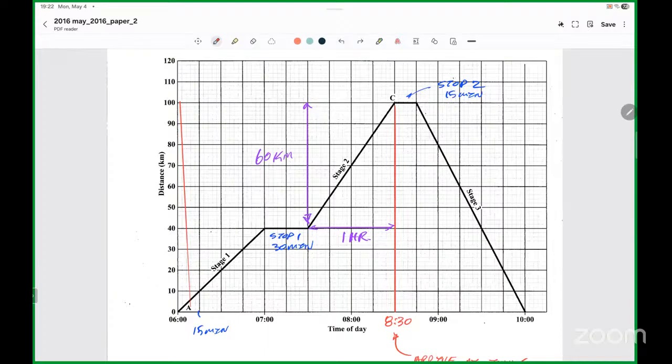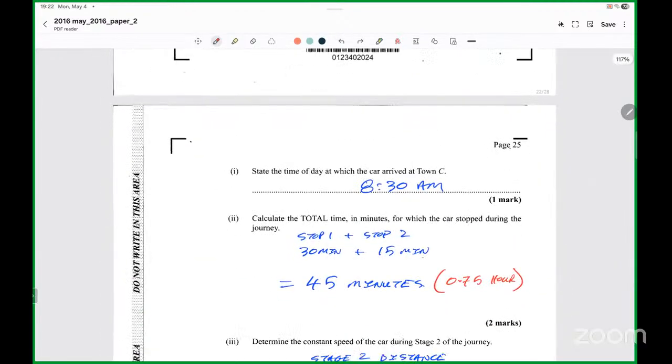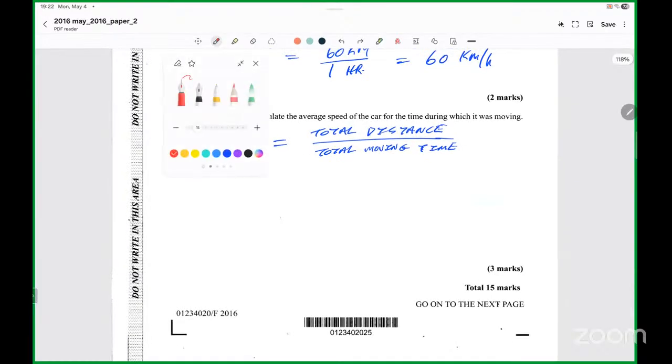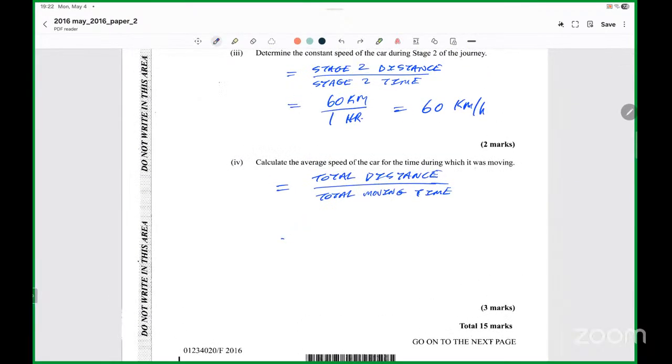So when you come up here, it was 100 kilometers away from A, and then when it came back to A, the total distance travelled is 200 kilometers: 100 kilometers to go, 100 kilometers to come back.